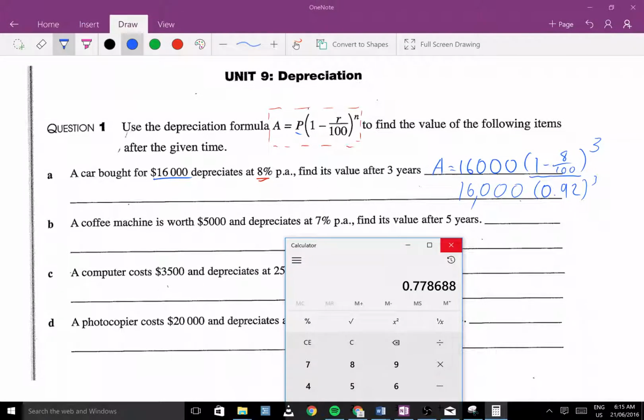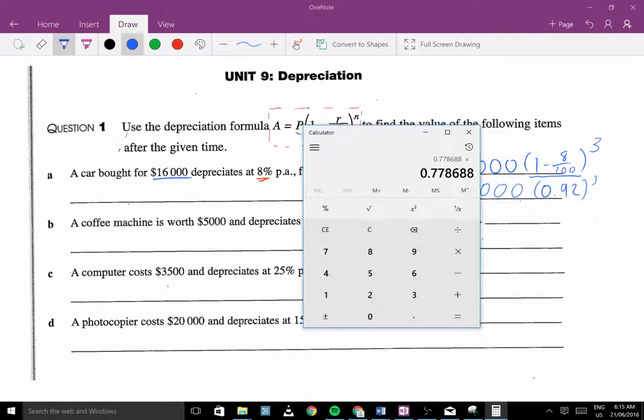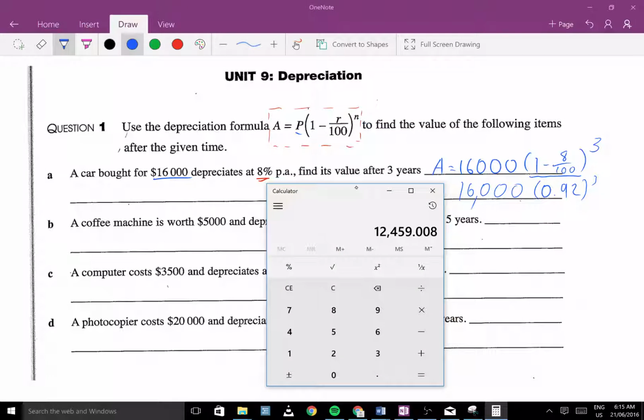Okay, so times by the number from the principal, 16,000, equals $12,459, and I'll round that cent off and just leave that out because it's a cent.